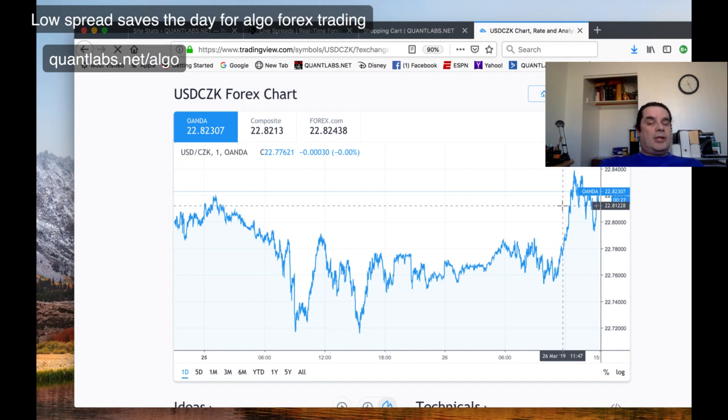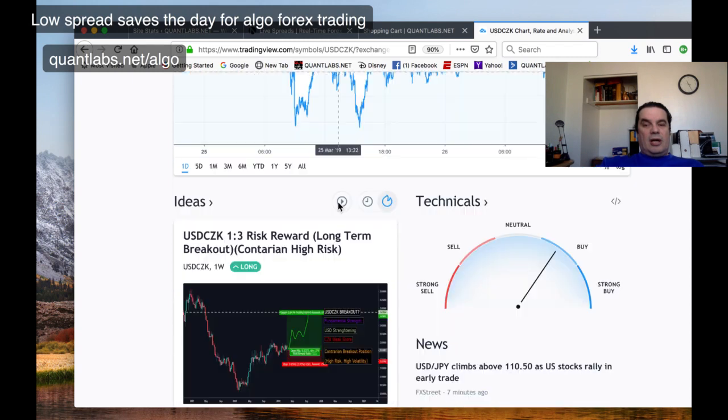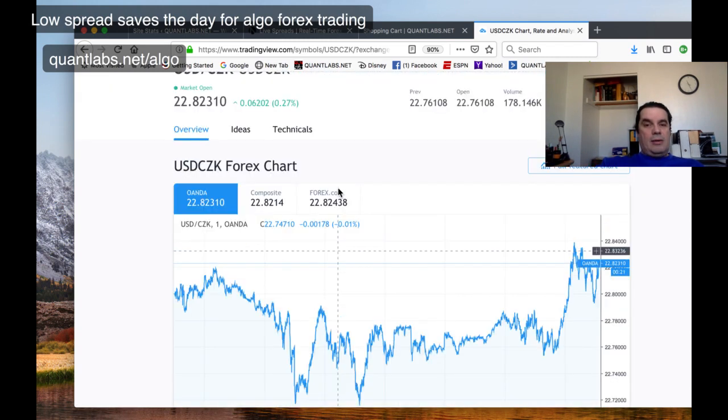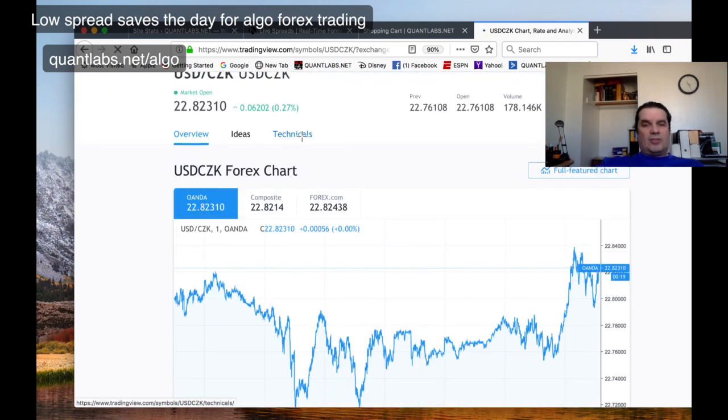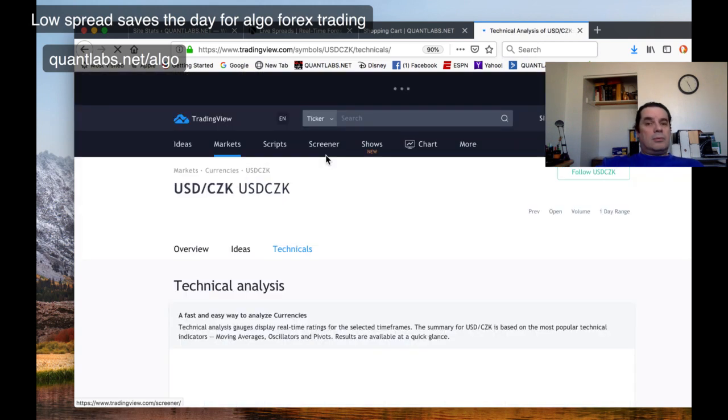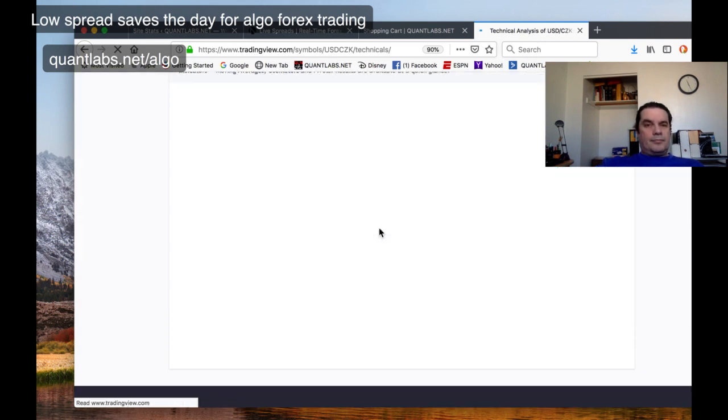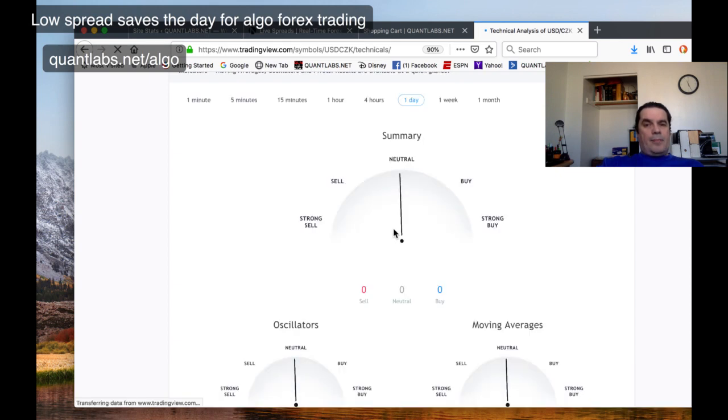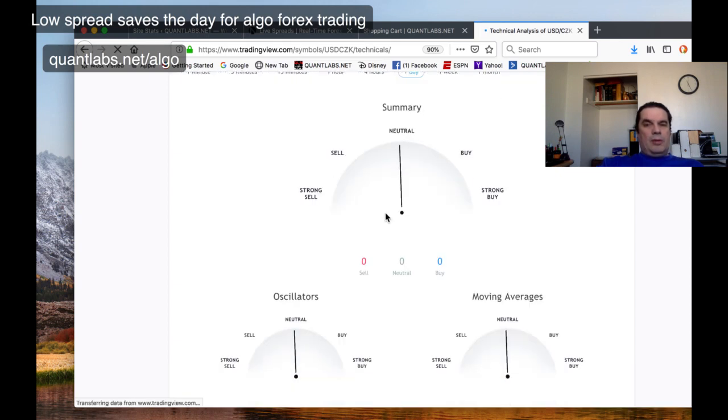Okay, let's look at the last one here. Oh, let me look at the signals here. So that's a buy on the daily. Let's see what it says on the smaller time frames. Okay, so daily we know it will be a buy.